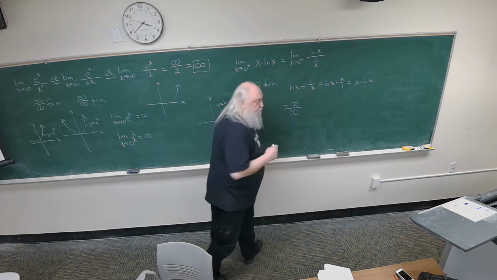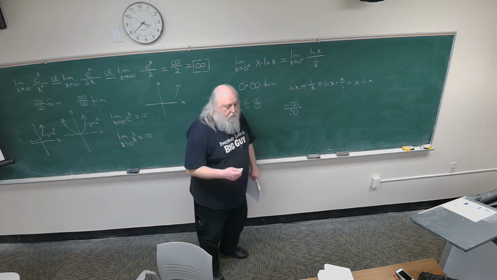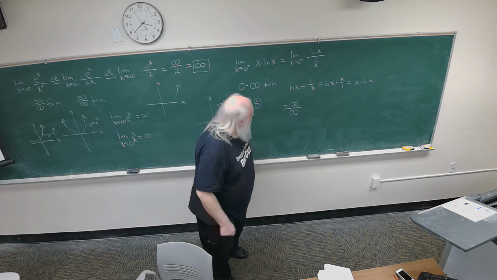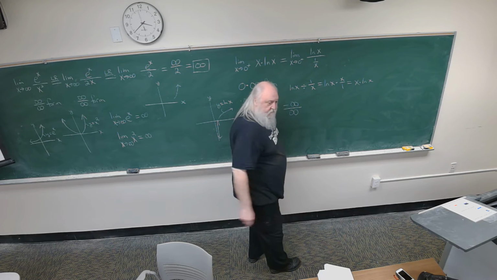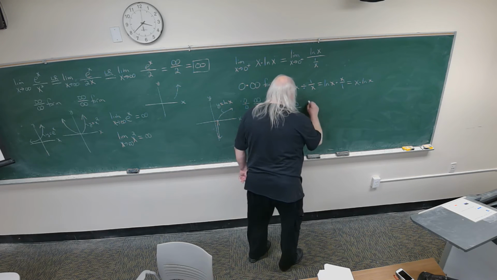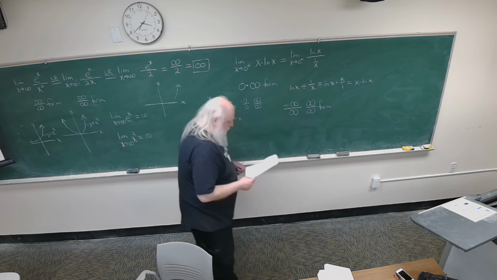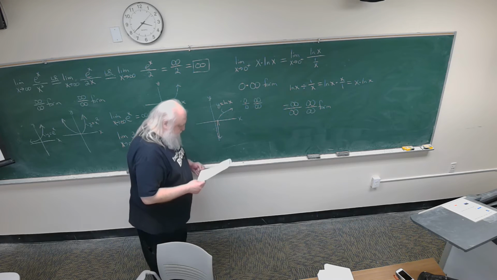So it doesn't have to be minus infinity over minus infinity or plus infinity over plus infinity. One can be minus and one can be plus. And so this is infinity over infinity form. So now we can apply L'Hopital's rule.